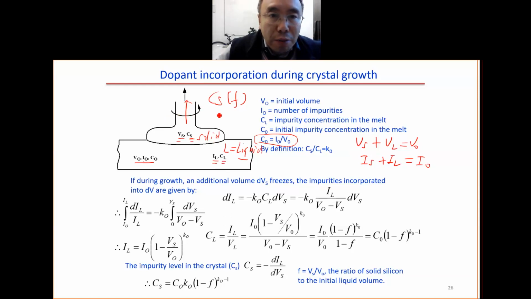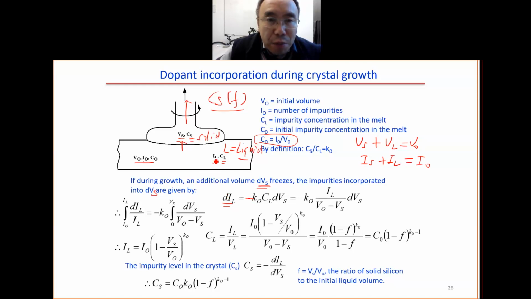In order to find this formula, we do the differential equation. During the growth, an additional volume dVs freezes. The impurities incorporated into this volume are given by dIL. How many impurities get into this solid is given by dIL, minus, because this one is lost.